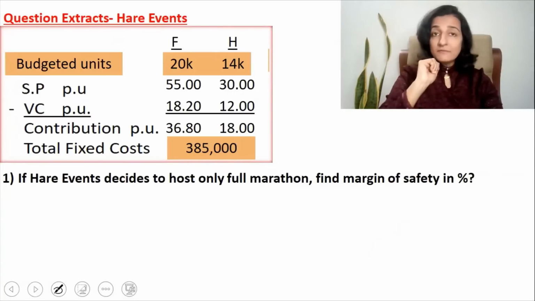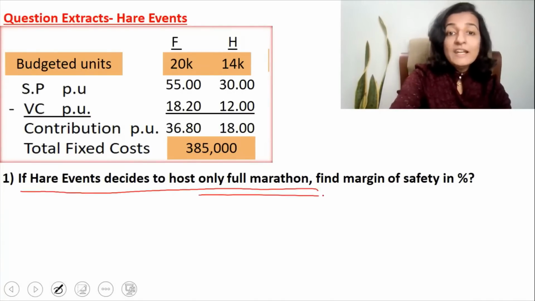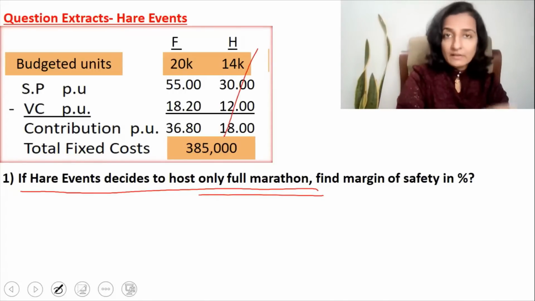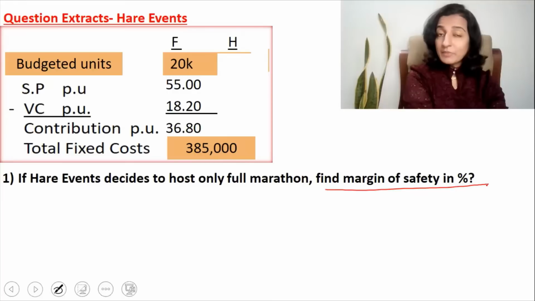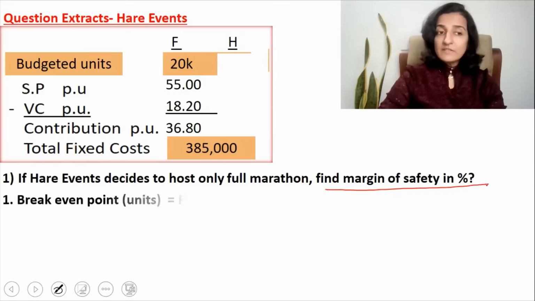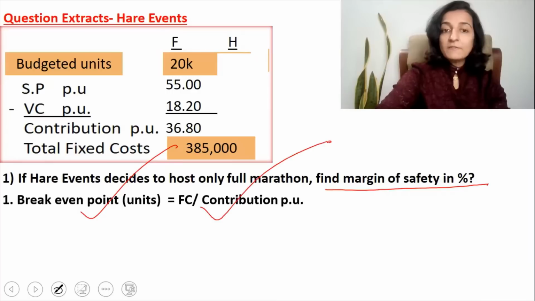Now, what they have asked in the first subpart is, if Hare Events decides to host only the full marathon, which means that the half marathon is not there, so let's strike it out, find the margin of safety in percentage. How do we find the margin of safety in percentage? The formulas that are required are: first, the break-even point in units, which is given by fixed cost divided by contribution per unit.